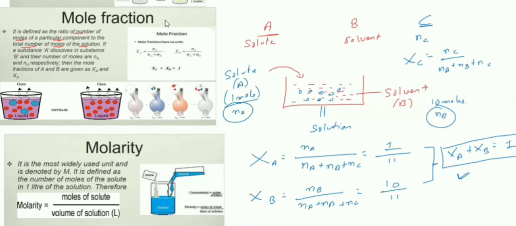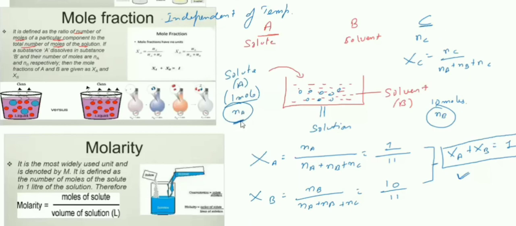Now, this mole fraction is one of the very important units that is used because the values of mole fraction are independent of temperature. It does not change with respect to temperature, as whatever the terms we are using, only the weight of the substance is involved. Volume is not involved over here.